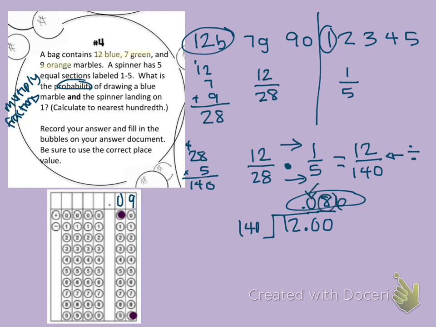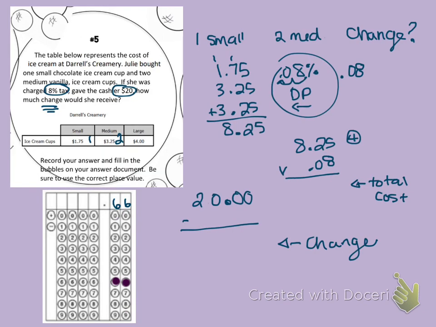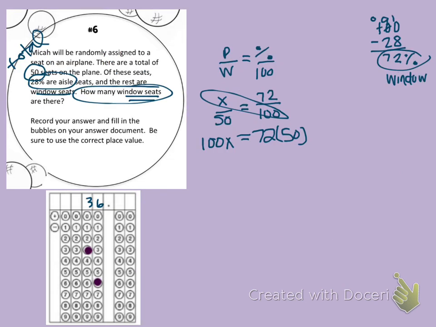And then we have to stop here, which means we have to round, adding 1 and dropping off. Okay, and then number 5, 66 and 36. Okay, you have 6 more to finish.